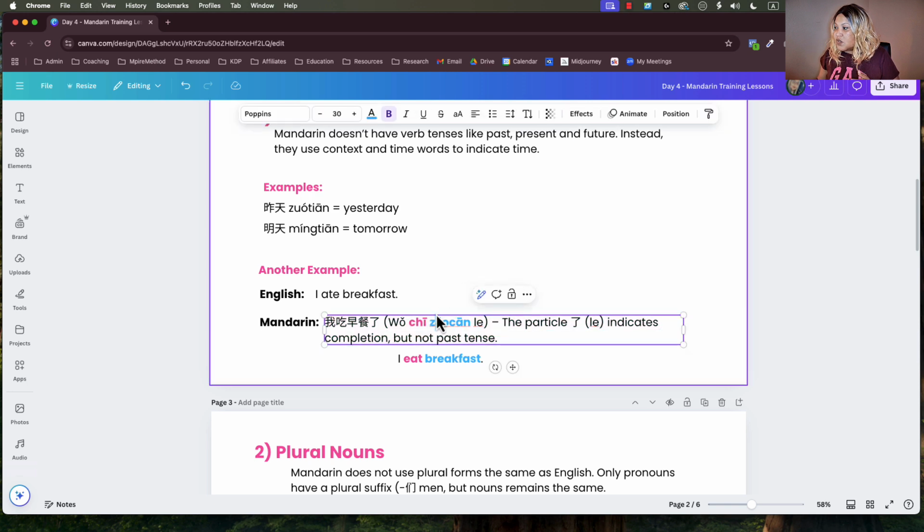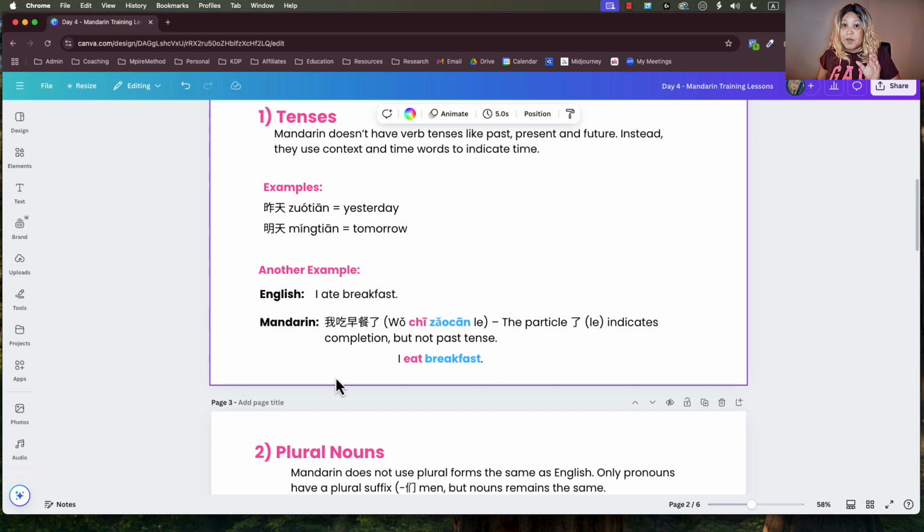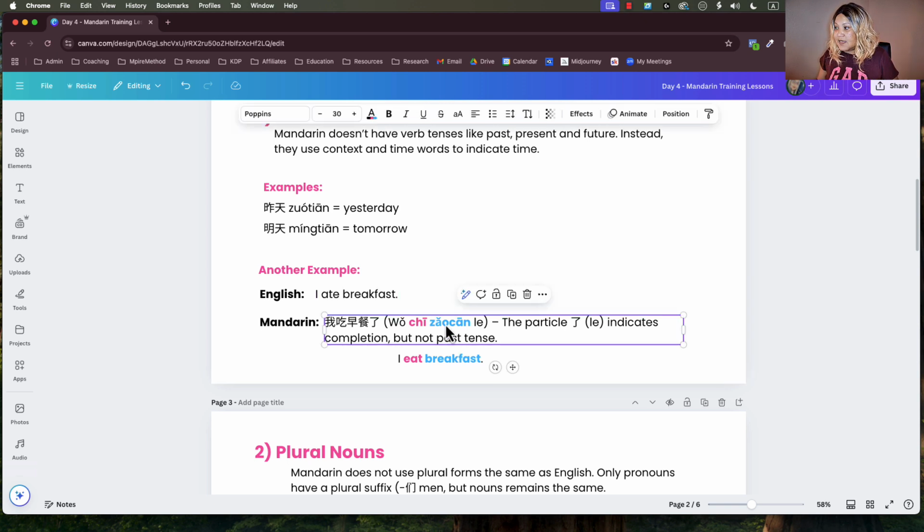So zaocan, that's breakfast. That's a new vocabulary word I can get to know just by saying this sentence: I eat breakfast, done, le. So I can plug and play with that sentence by itself as I learn more vocabulary words. I can do something else and done, to show that it is already done, past tense. I can use that instead.